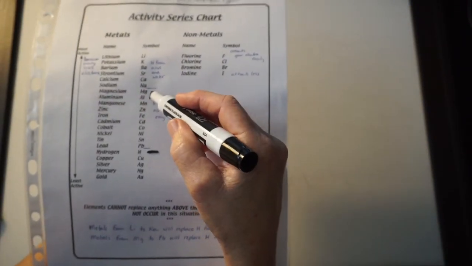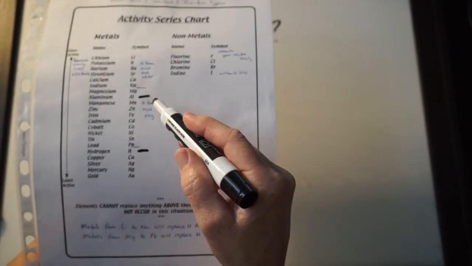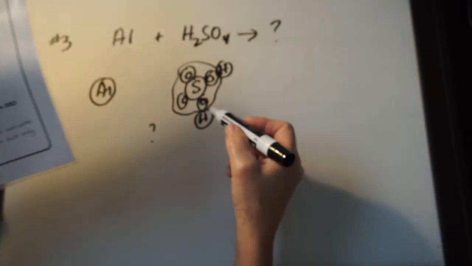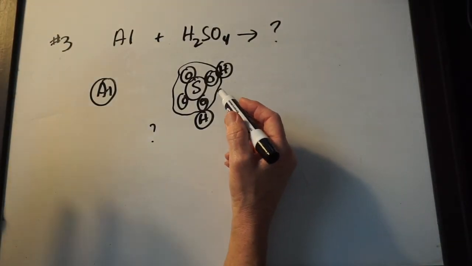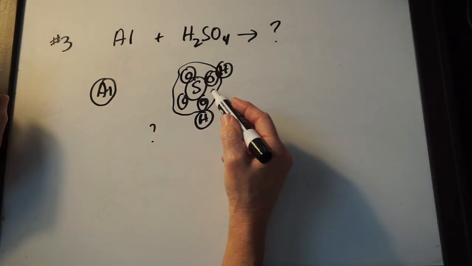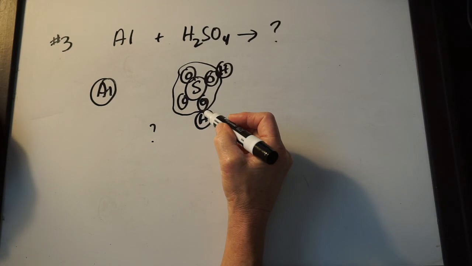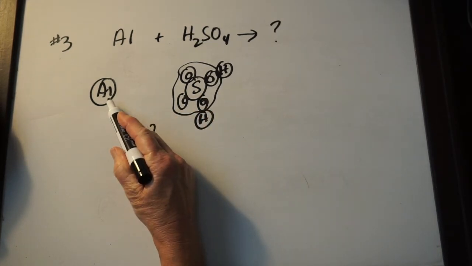I see because aluminum's above hydrogen, it is more easily going to lose its electrons. So sulfate's going to go, well, I don't mean to anthropomorphize molecules, but let's say sulfate says, hey, why would I stay bonded with hydrogen when there's a much easier source of electrons from aluminum?